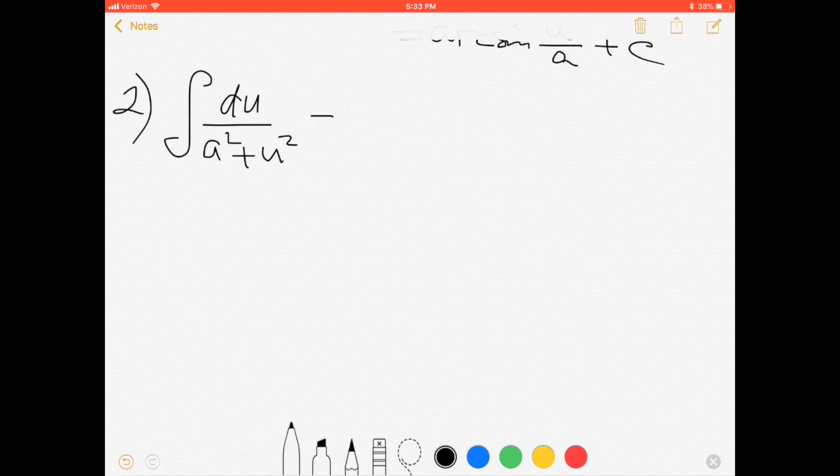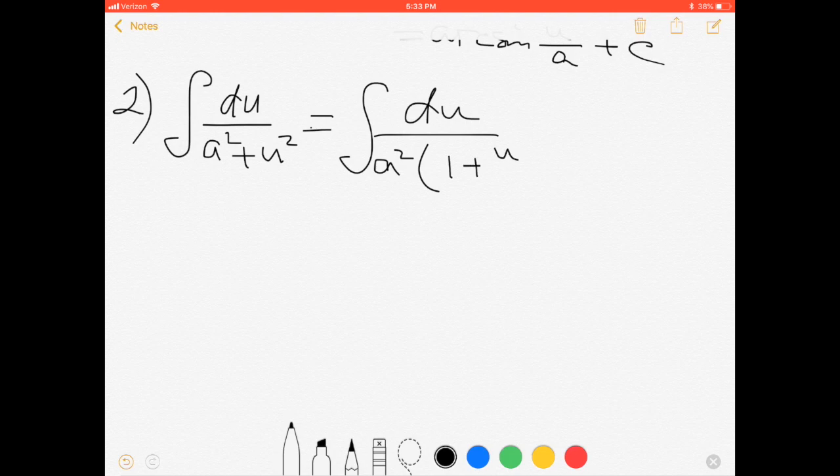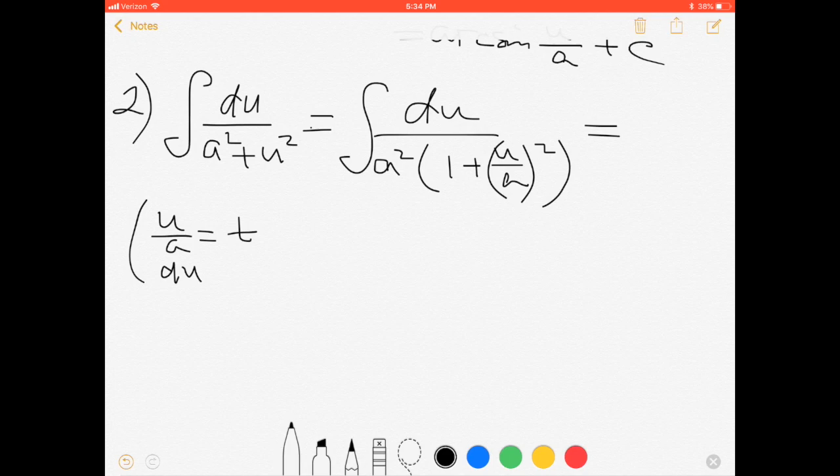Same: I rewrite a squared out, and here we have 1 plus u over a squared. Same substitution, u over a is t, du over a is dt.